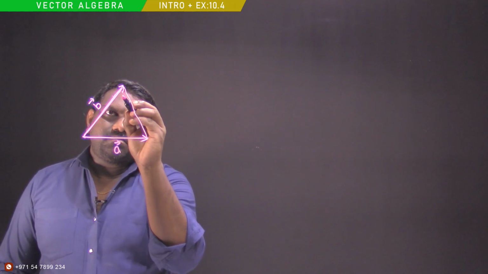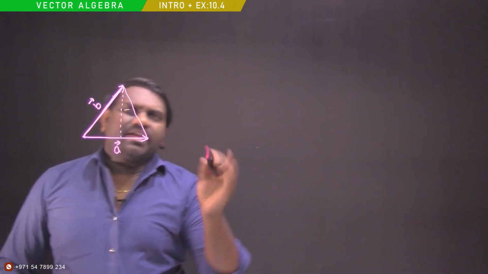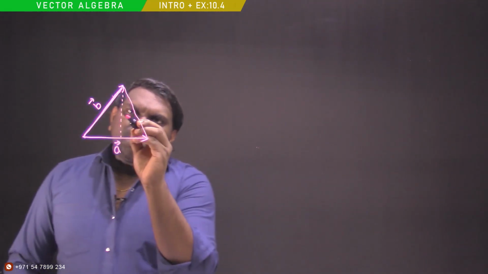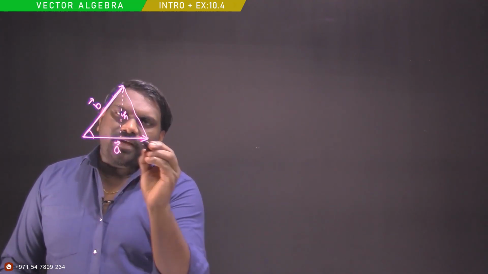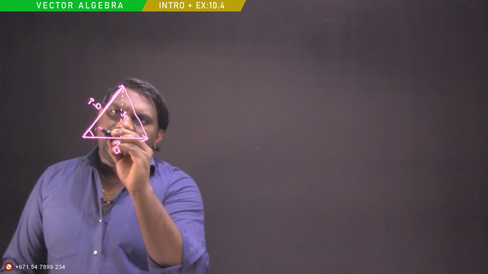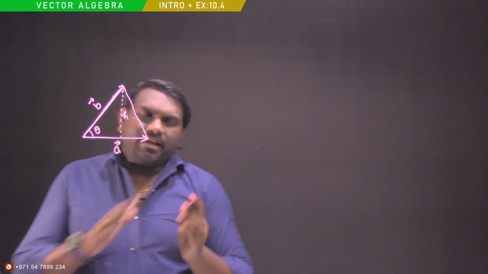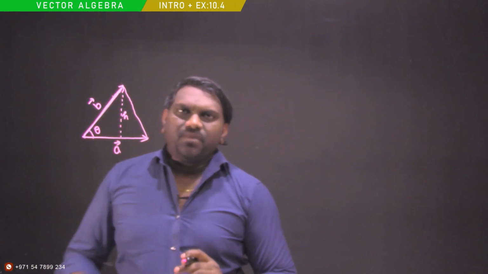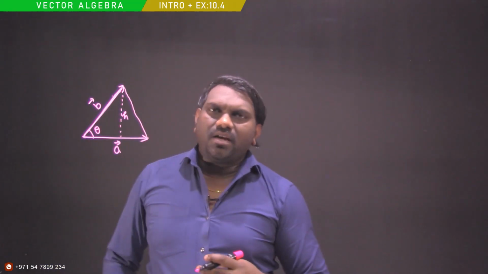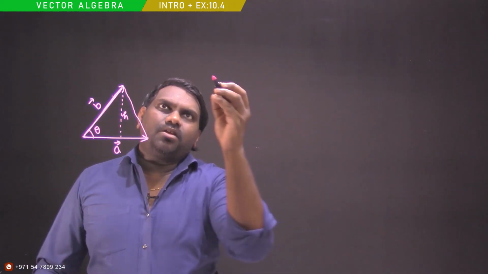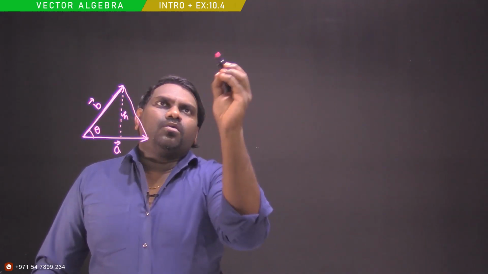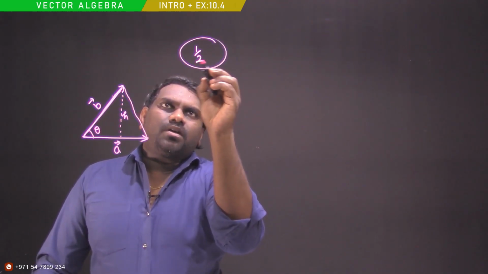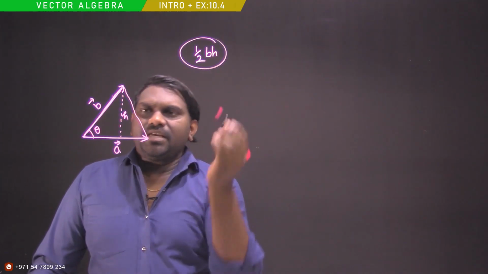Then what is the area? Now I'm just marking this one as h, and the angle between vector a and vector b is theta. Then I want to calculate the area of the triangle. Now as you know, the formula is half b h.